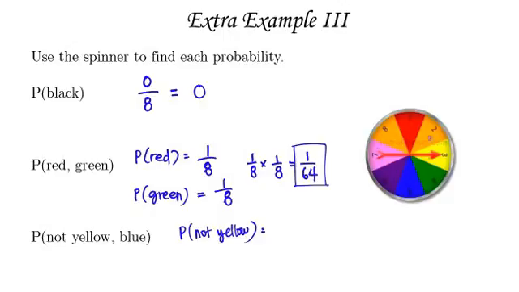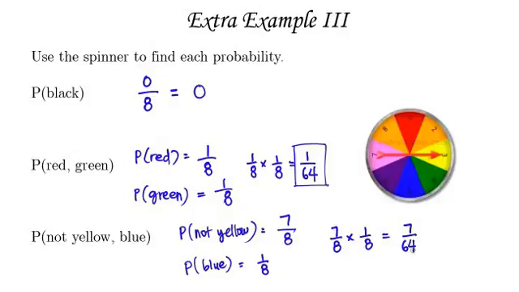There's only 1 yellow, so 7 are not yellow. 7 over 8. And then the probability of blue. There's 1 blue, so 1 over 8. We're going to multiply them together. 7 over 8 times 1 over 8 is 7 over 64.